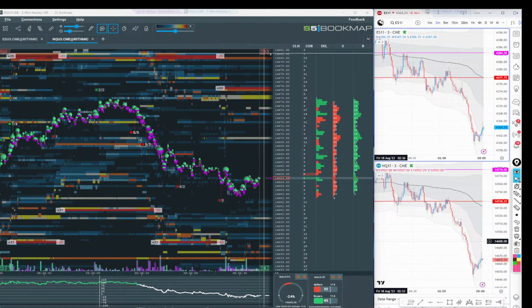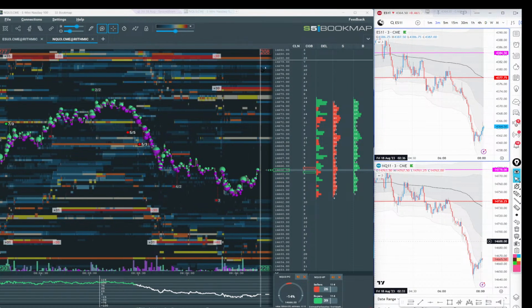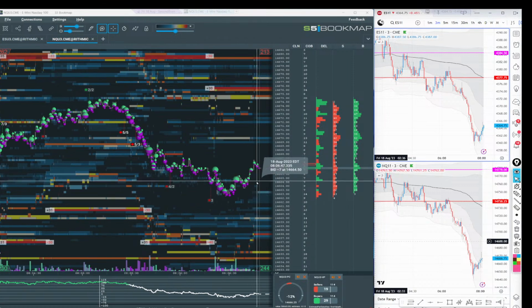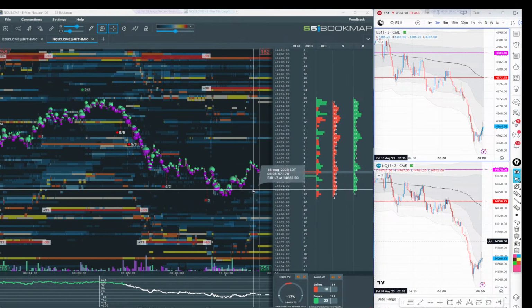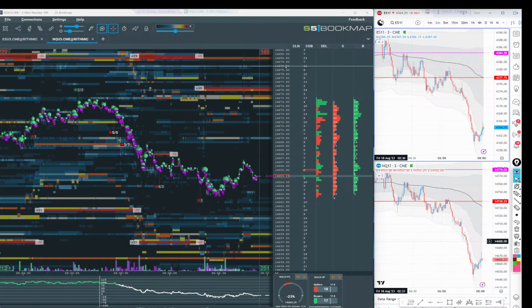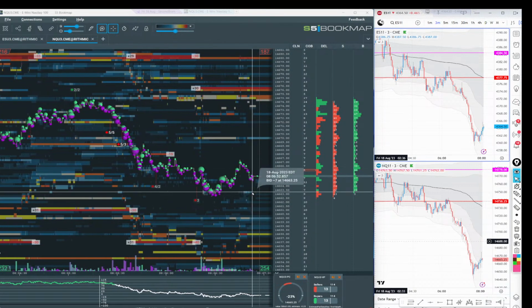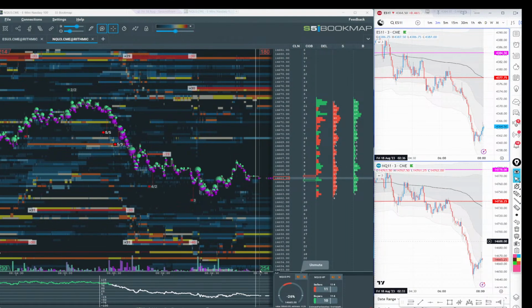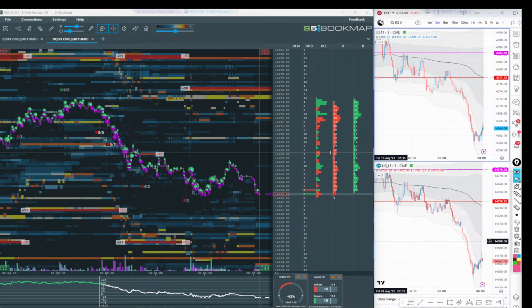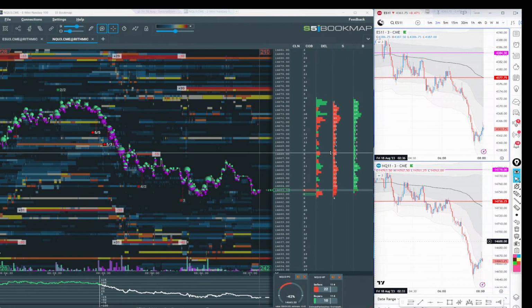So again, this is 30 levels up and 30 levels down. It's not outside liquidity beyond the heat map. It's the 30 price levels above in the order book, totted up, and 30 price levels below. The below is the green at the bottom and the top is the red, the sellers sitting in the order book.